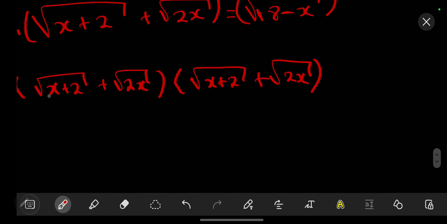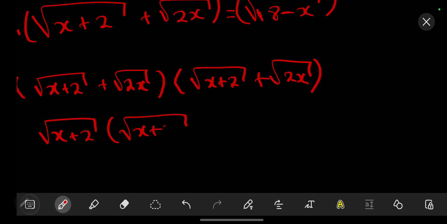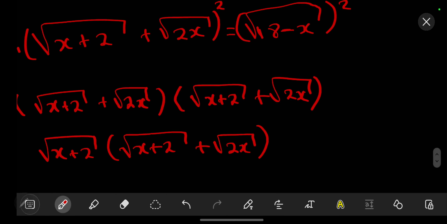So we are going to multiply this with everything. So we are going to have the square root of x plus 2. Then we have open brackets, we multiply these. So we are going to have the square root of x plus 2, then plus the square root of 2x. Then this second number multiplies everything here.